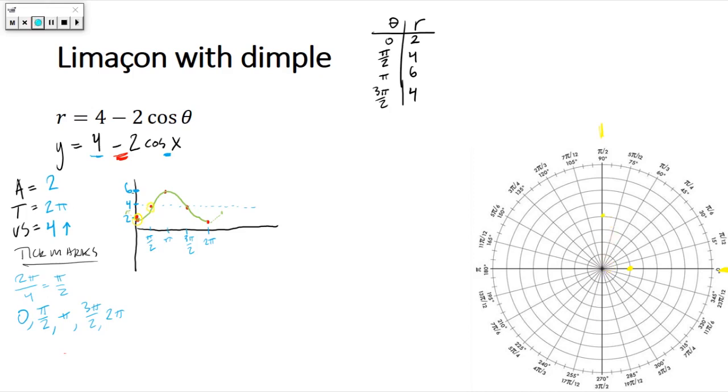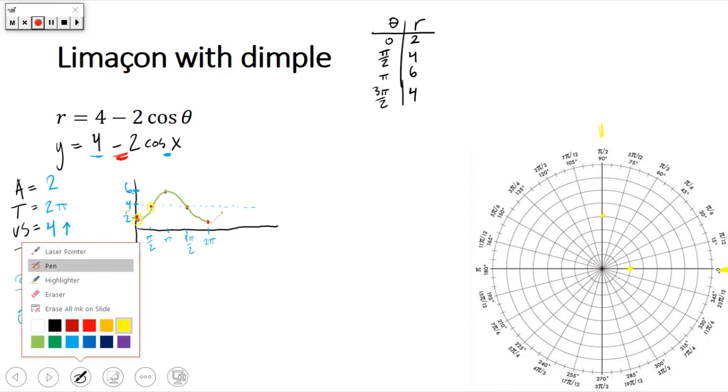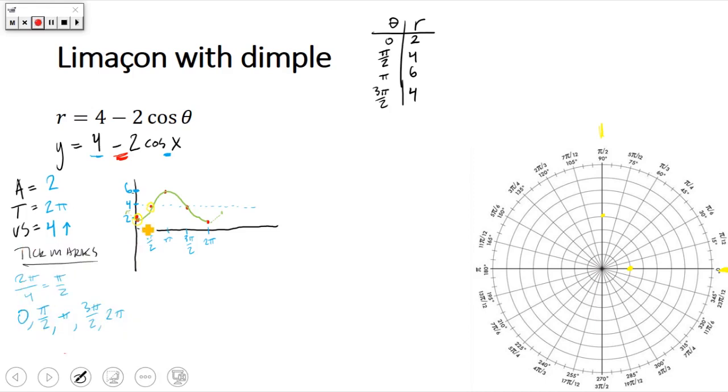Now what happens between the 2 and the 4? What happens between those 2 points we just drew? Well, to do that, we kind of have to look at points in between these points right here. And so you can see, after it leaves 2, we're going from 0 out to 2 pi.